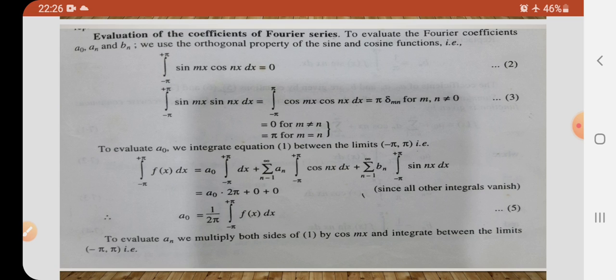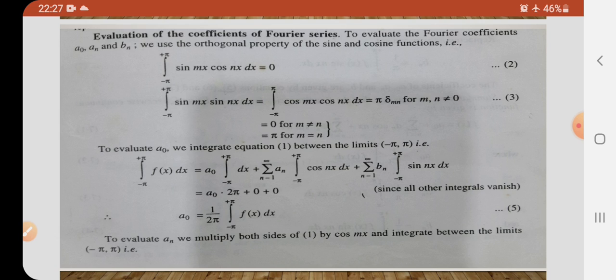Since we know all integrals in the above equation will be 0, only the first term will have the value 2 pi. So we get a0 equals 1 upon 2 pi times the integral from minus pi to plus pi of f(x) dx. Okay, this is the value of our coefficient a0.